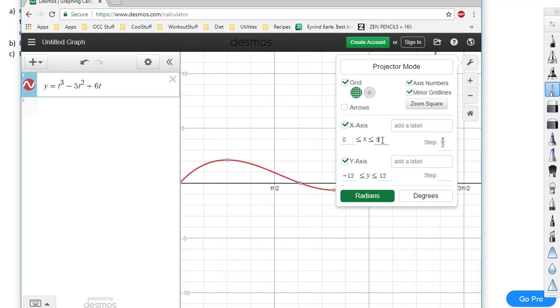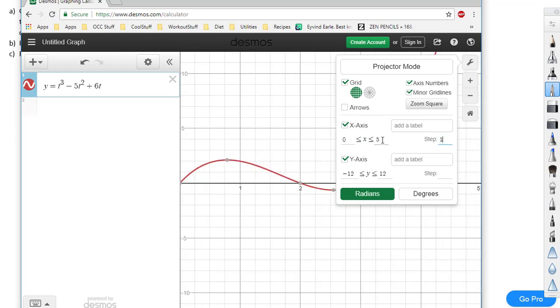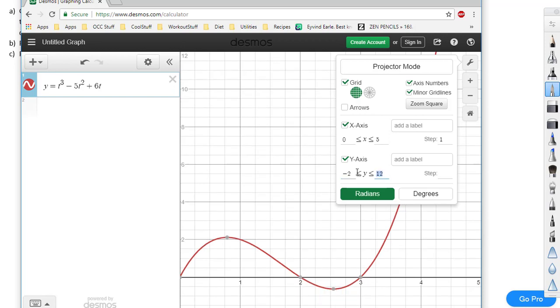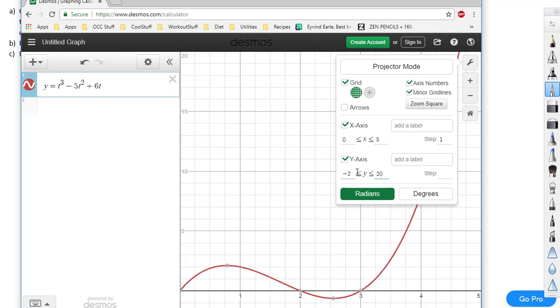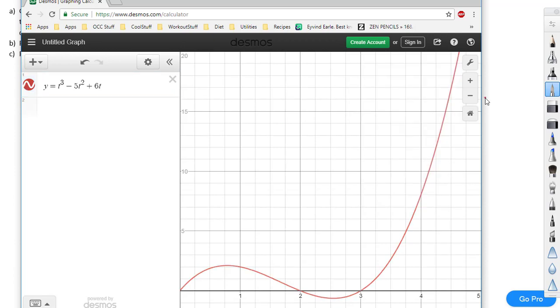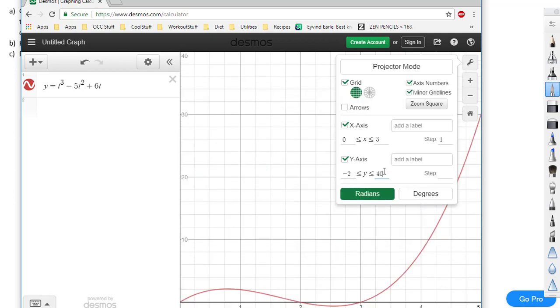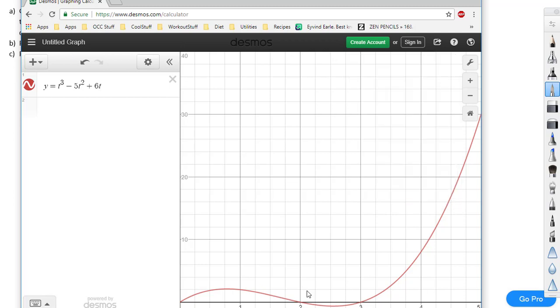I want that to go from 0 to 5, and let's do steps of 1. And for my y-axis, let's go from negative 2 to, I don't know, let's try 20 and see if that gives us something. I can see that this is going to continue to go up, so that's pretty good. We can make it a little bit taller, so let's do 40. There we go, that's beautiful.